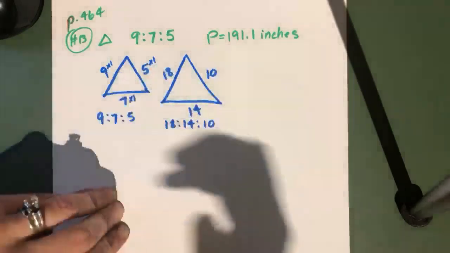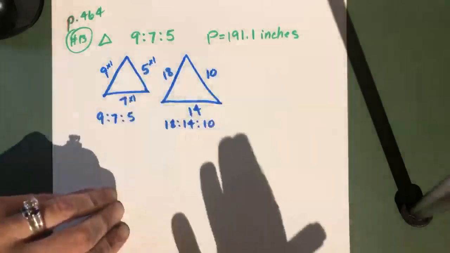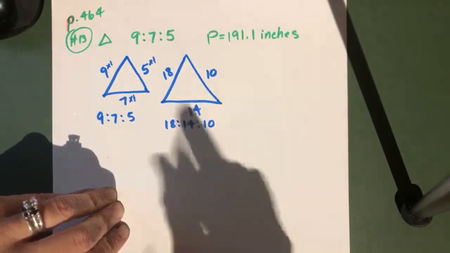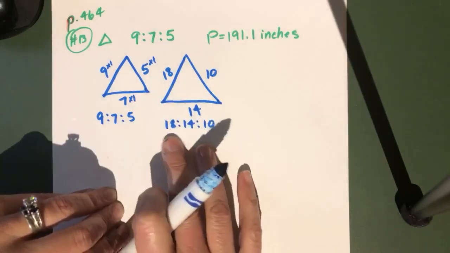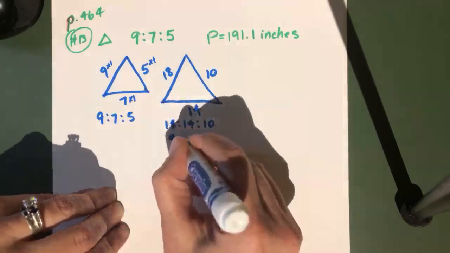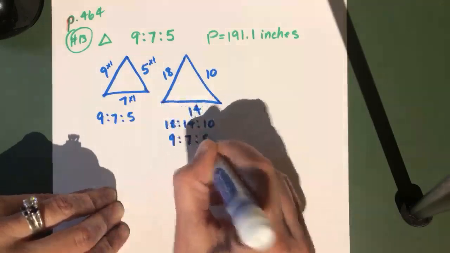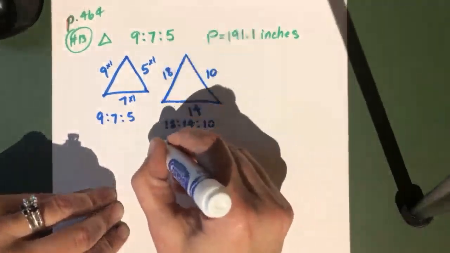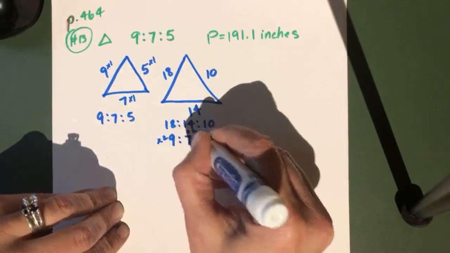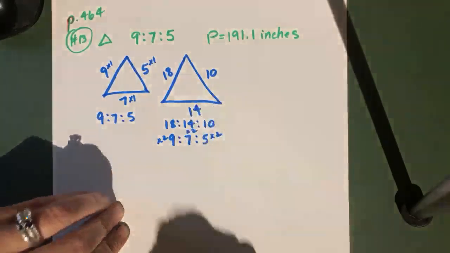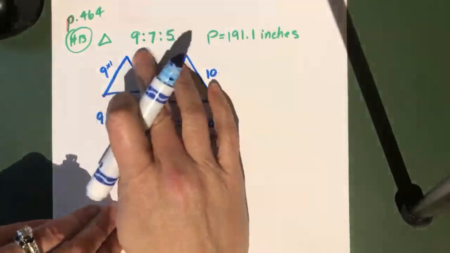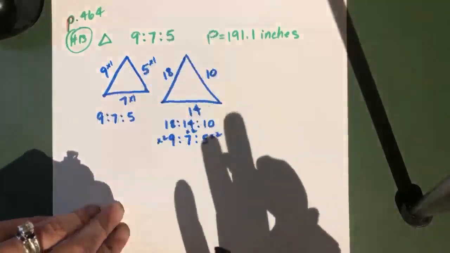Now, remember, when you write ratios and you're comparing these values, you want to put it in the simplest form and you want to reduce. So if I reduce this ratio, what does it reduce to? 9 to 7 to 5. What have we done here? Everything here is multiplied by 2, right? So basically, these two triangles both are 9 to 7 to 5 triangles, right?